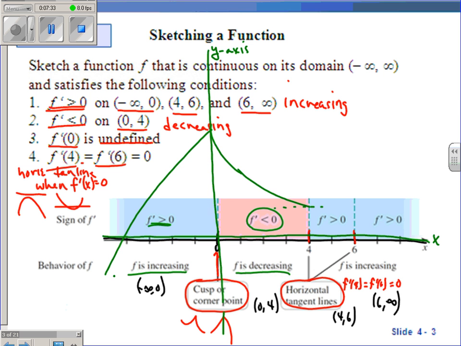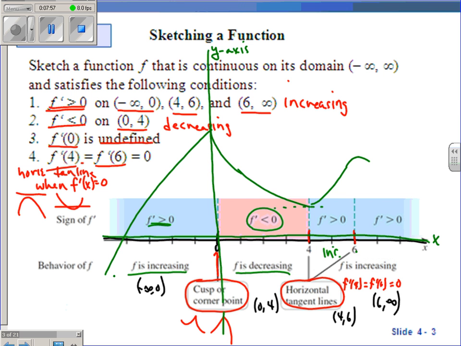And I know there it's going to have a horizontal tangent line. So I'm just going to have it turn around. I noticed that between 4 and 6, it's got to have a positive derivative, so it's got to be increasing here again. So it's got to start going up again, and then it gets to 6, and I know that's where the derivative is 0 again, so it's got to have another horizontal tangent line. So I'm going to make a nice smooth corner there. And I don't know how high it goes.